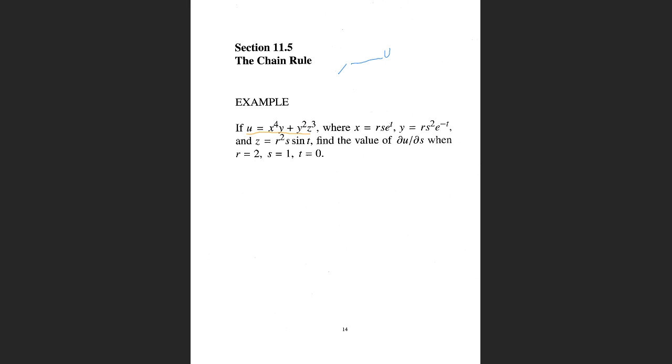U is a function of X, Y, and Z. Okay, but we want the rate at which u varies with respect to s. So we need another level on our flow chart.